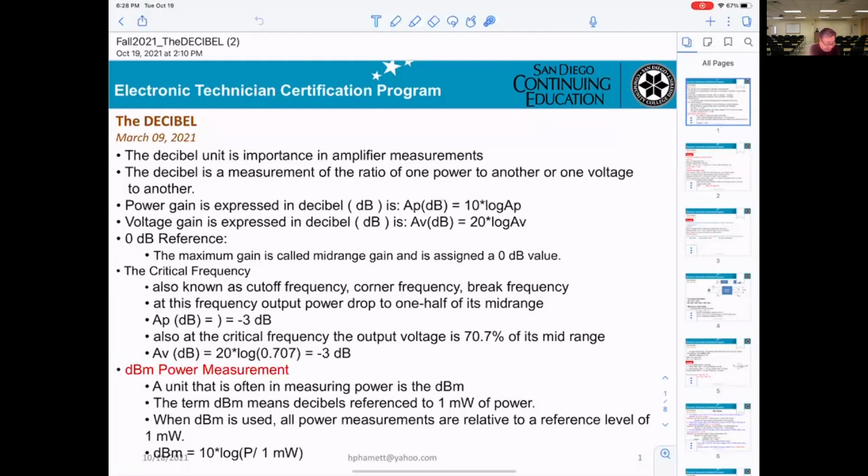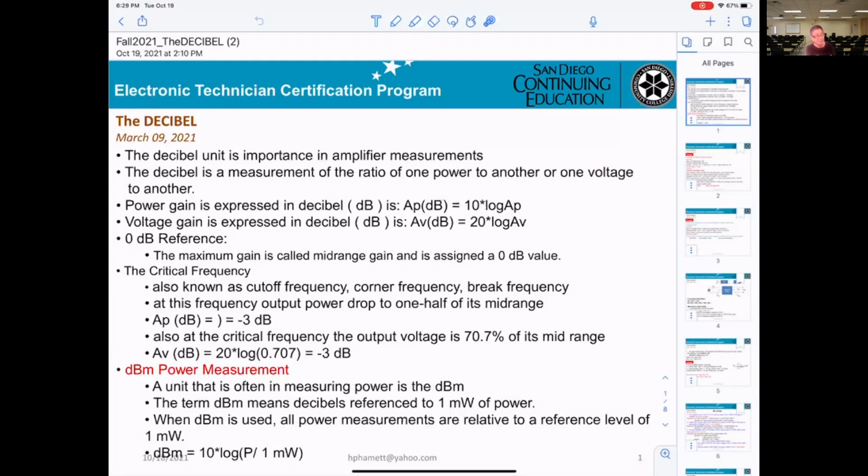Okay, decibel. The decibel unit is important in amplifier measurement. The decibel is a measurement of the ratio of one power to another, or one voltage to another.